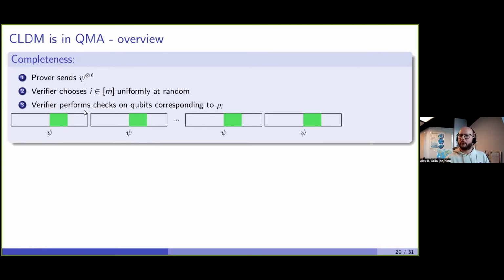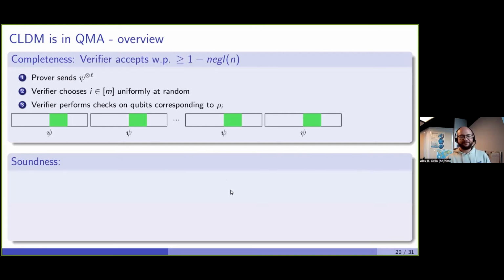Imagine that you can do tomography and learn the local density matrix of psi, and then compare it with the description you had for rho I. If it is a yes instance, this tomography will always work, so the verifier should accept with very high probability in this case.